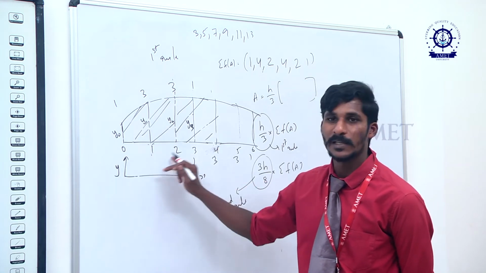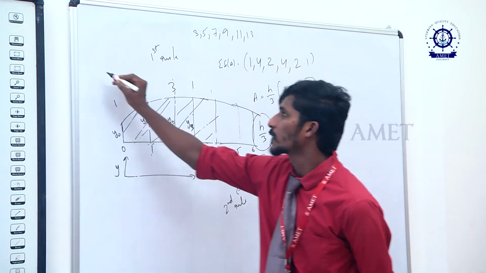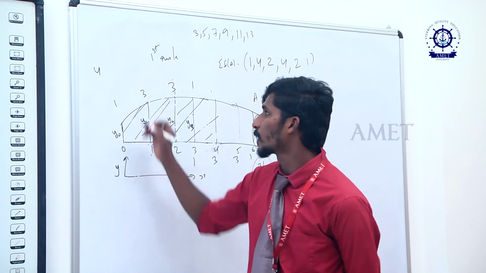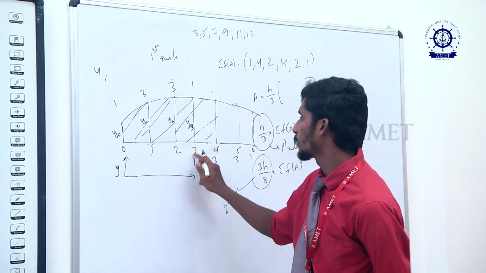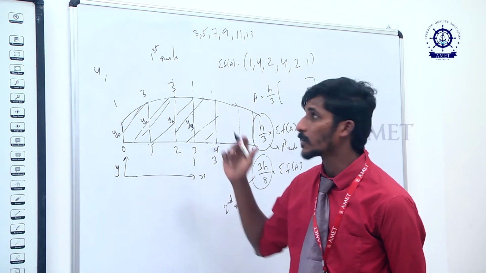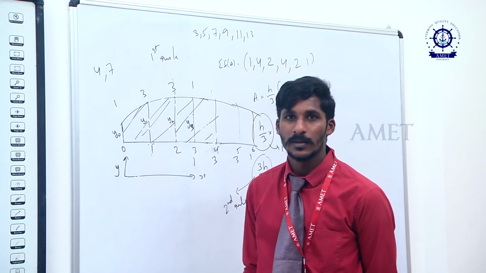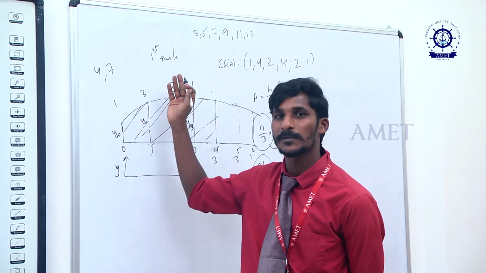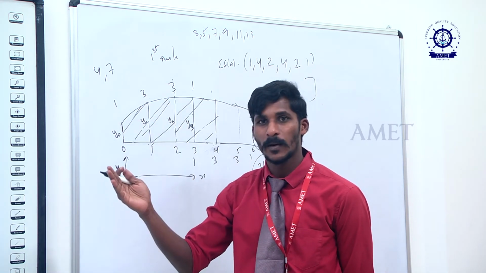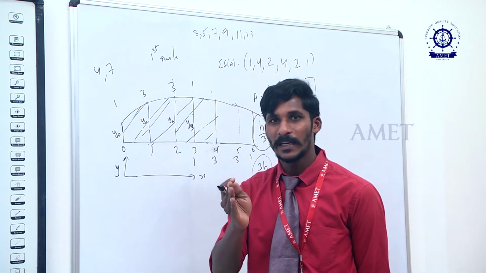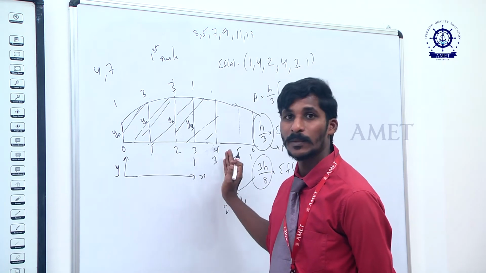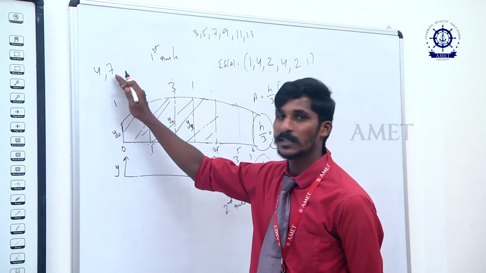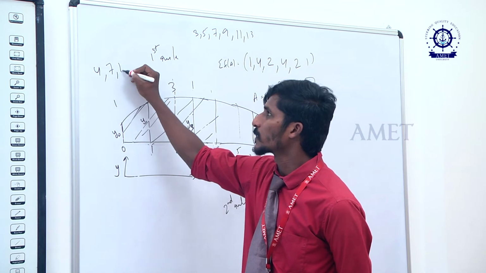The first number of ordinates required is 4, and the next number of ordinates required is 1, 2, 3, 4, 5, 6, 7. So the next requirement is 7: you add 4 plus 3, which becomes 7. It's not 4 plus 4, because then you cannot continue the area from the same station; you continue from the fourth station. Again the next will be 7 plus 3, 10.